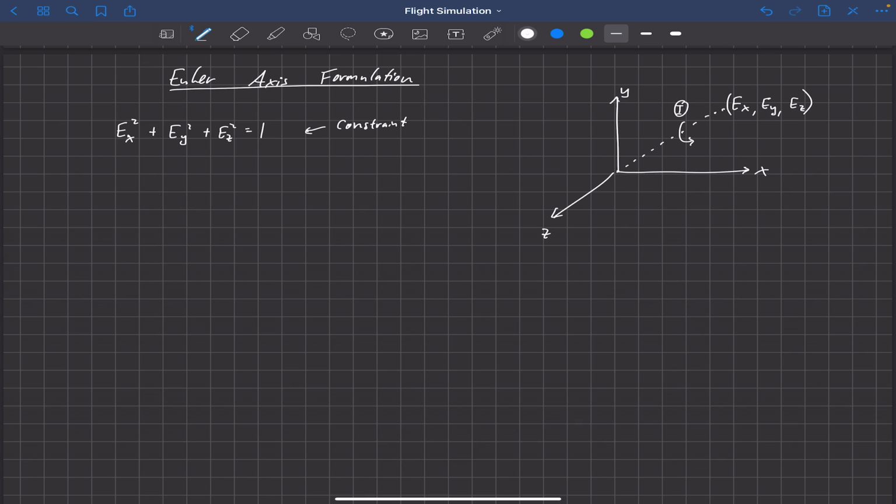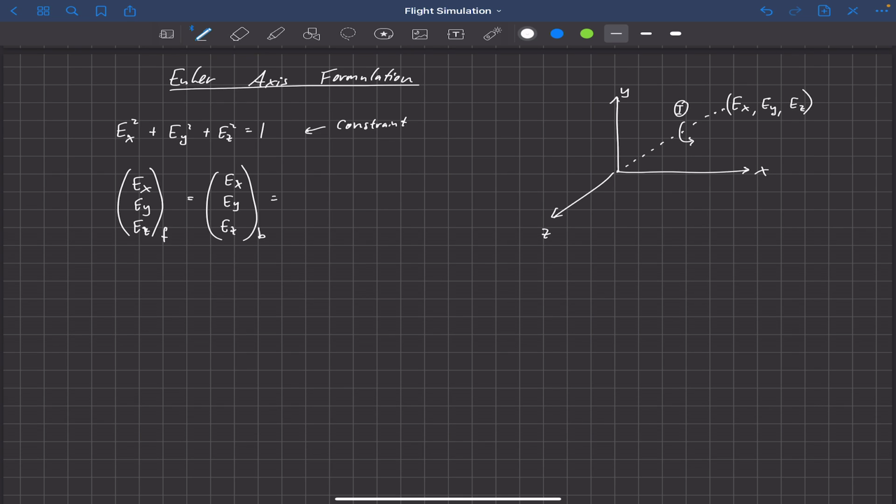Okay, now one thing that I mentioned in the video is that the Euler axis components in the Earth fixed coordinate system F are equal to the same Euler axis components in the body fixed coordinate system.